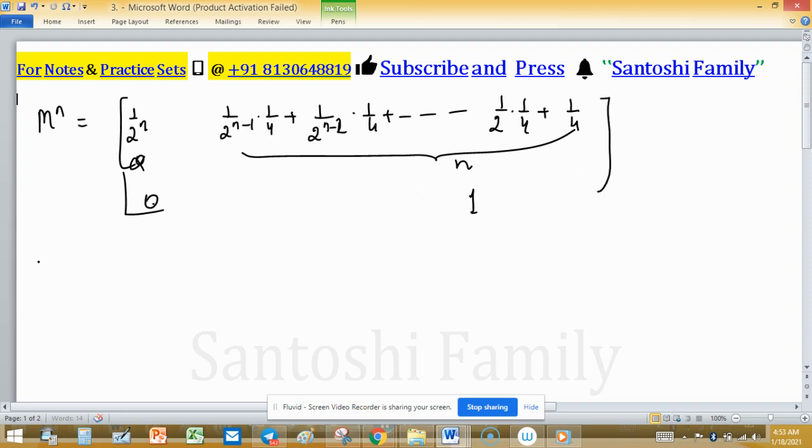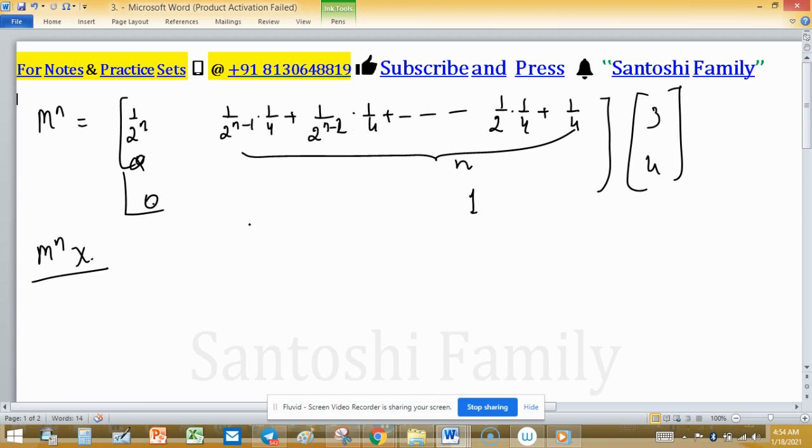Now take the limit. Or you can take the product of M raised to the power n with the column vector x. So first I'm going to take the limit because in the product these terms are only adding. We will obtain a column vector 3, 4 and its product. So 3 multiplies here and 4 in this.